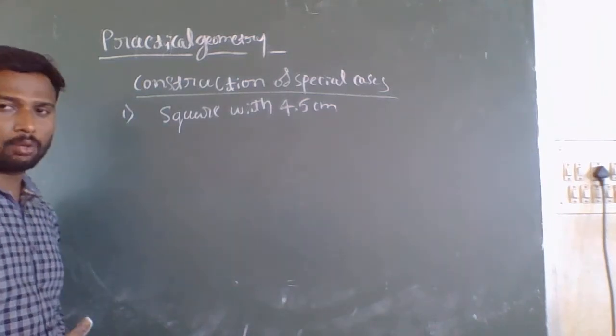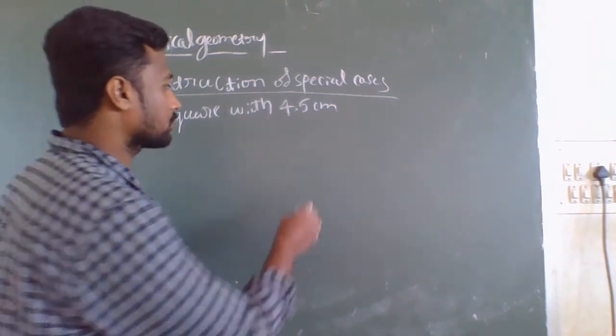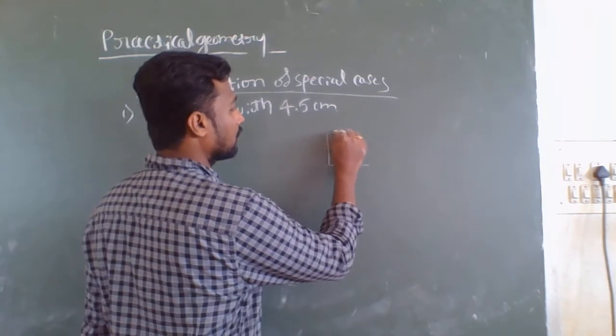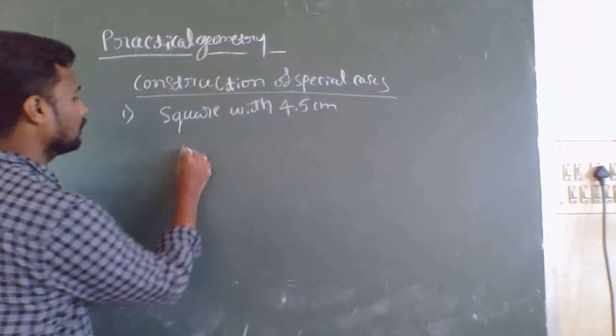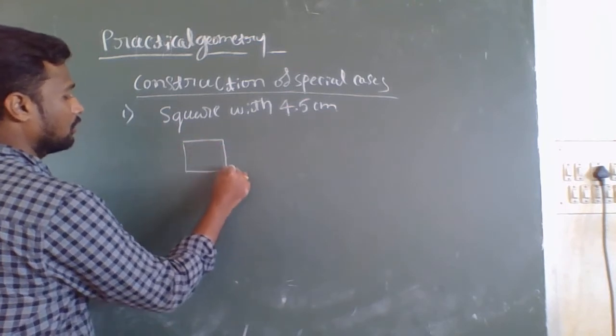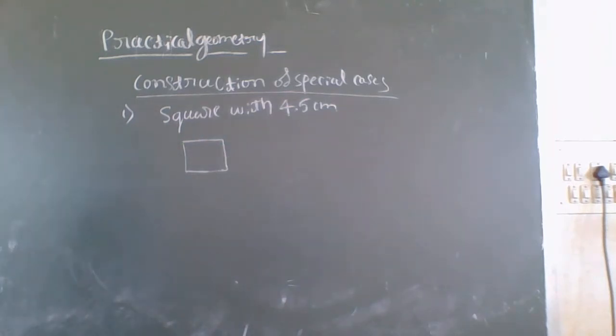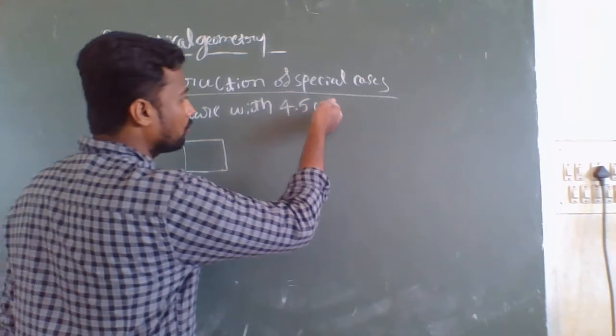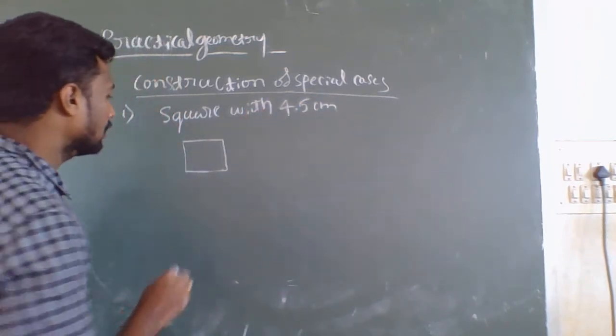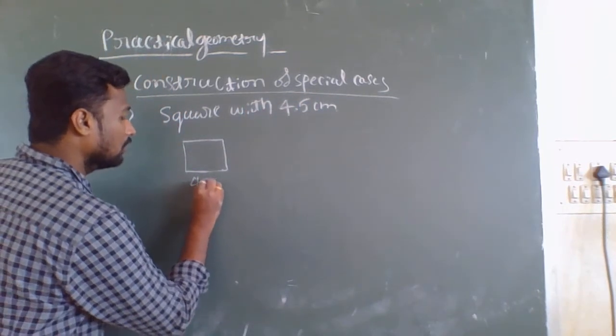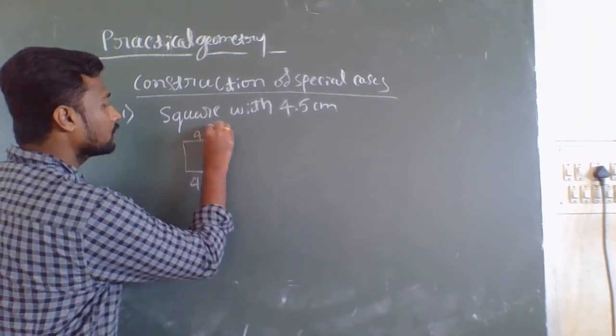What are the important properties of square? Here in a square, all the sides are equal. Means they are given square with 4.5 centimeters, means here all the sides should be 4.5 centimeters only.